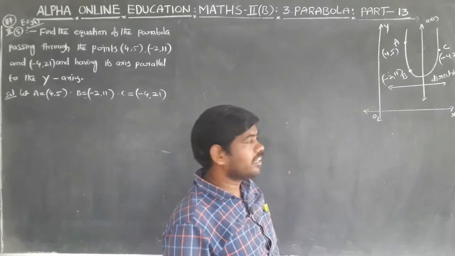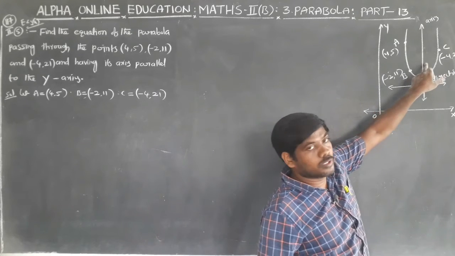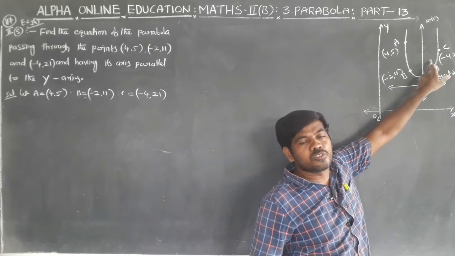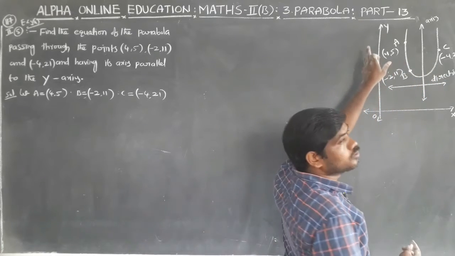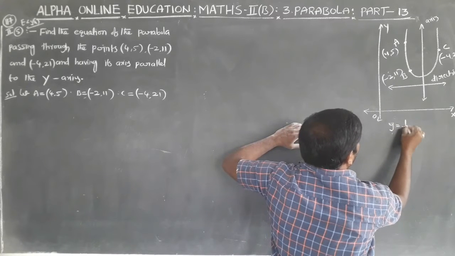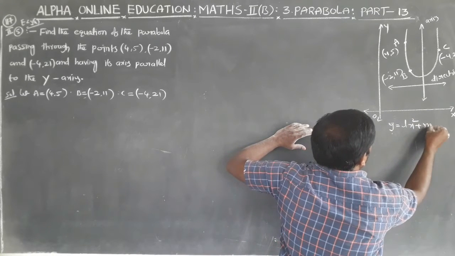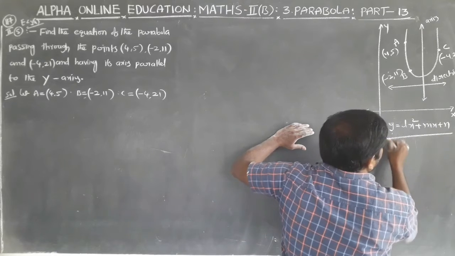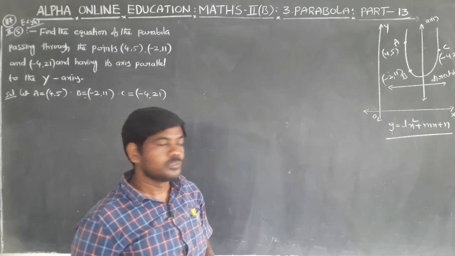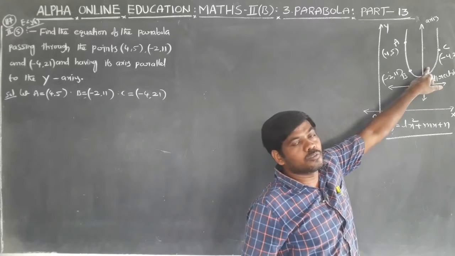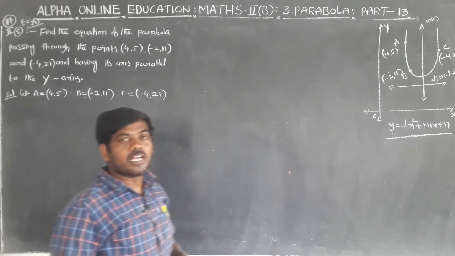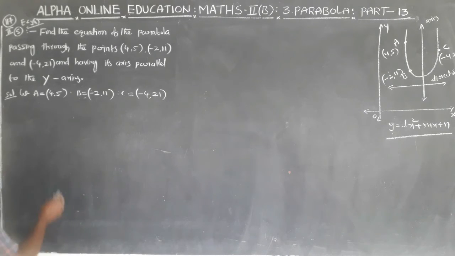The required equation of the parabola whose axis is parallel to the y-axis is y is equal to Lx square plus mx plus n.